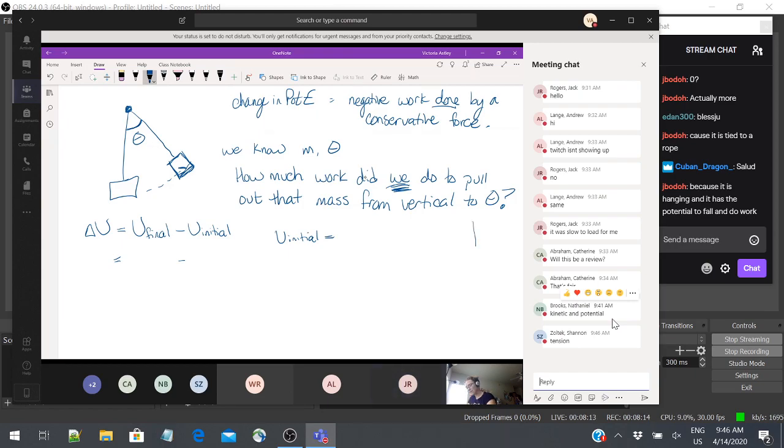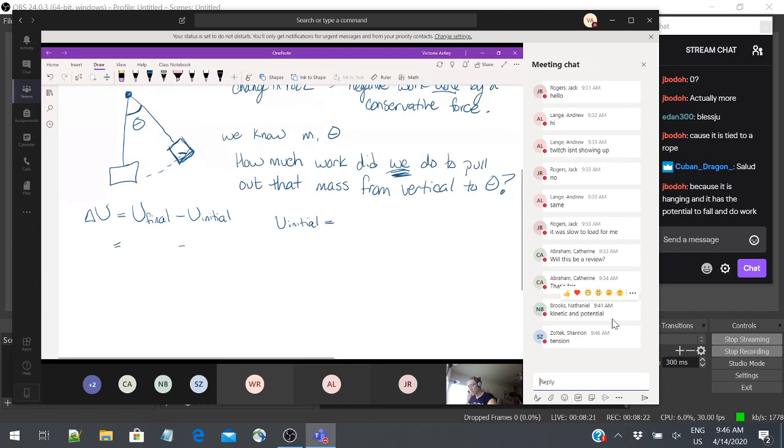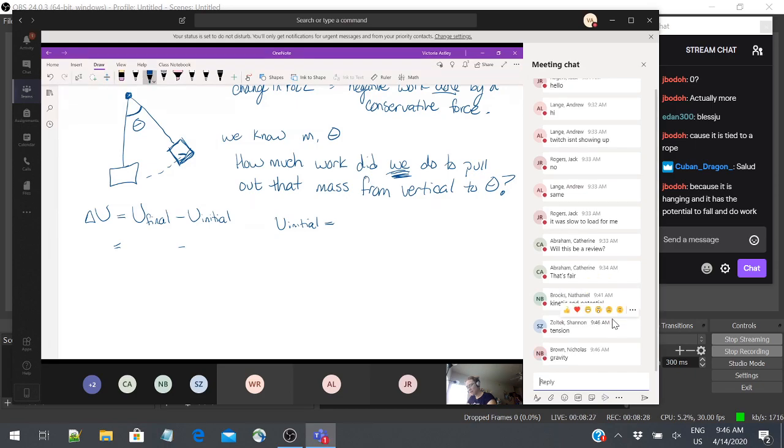So if we were to cut the rope, it would fall. And so it must have some potential energy. That is a really good point. But we don't know where the ground is, right? We could cut the rope, and maybe the ground is right here. Maybe the ground is way down here, right? So it's hard for us to say how much potential energy it has at this point.